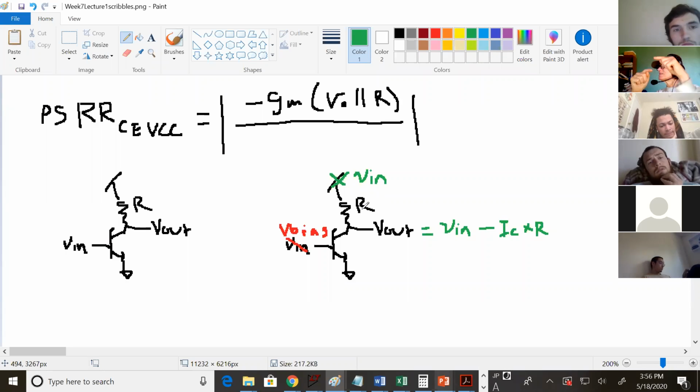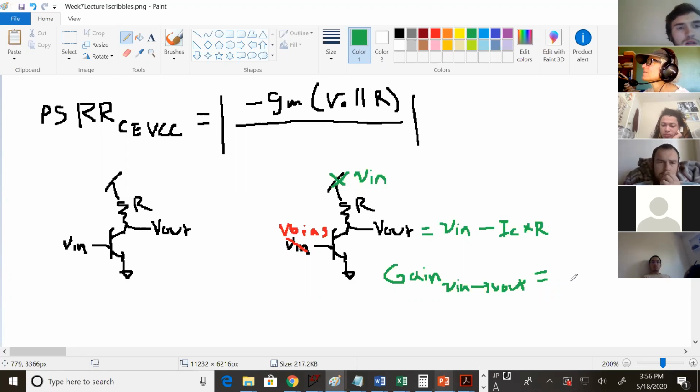If the supply changes, that just moves V out the same amount. So what is the gain from V in to V out? Is it just one? Exactly. If V in moves by 0.1, V out moves by 0.1. And remember, it's the delta over the delta, so it would be 0.1 over 0.1.